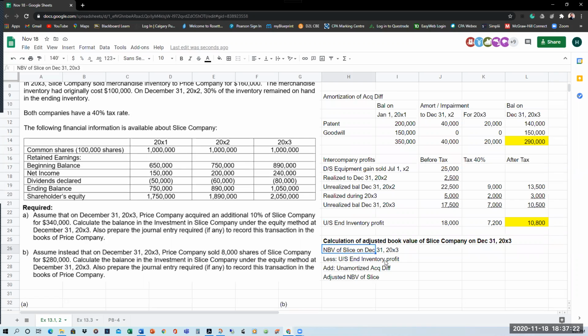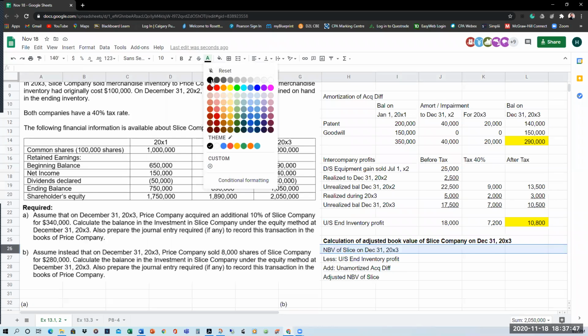And what we do there is we begin with the net book value of Slice, the subsidiary, on December 31st, 2003. Slice has common shares of $1 million, and its ending retained earnings is 1,050,000, so the shareholders' equity is $2,050,000.